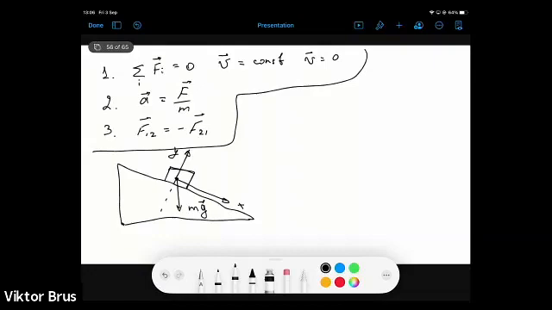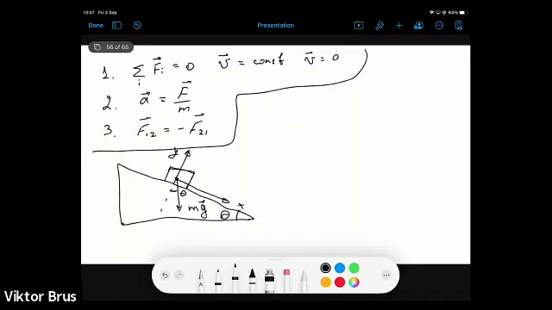So here we have angle theta, which means this angle will be the same here, theta, because it's the angle between the inclined plane and the horizontal. And here is the angle between the normal to this inclined plane and the vertical. So they are the same.